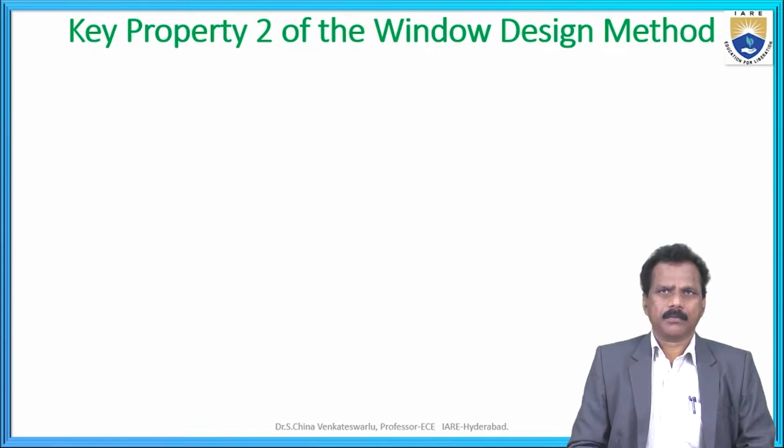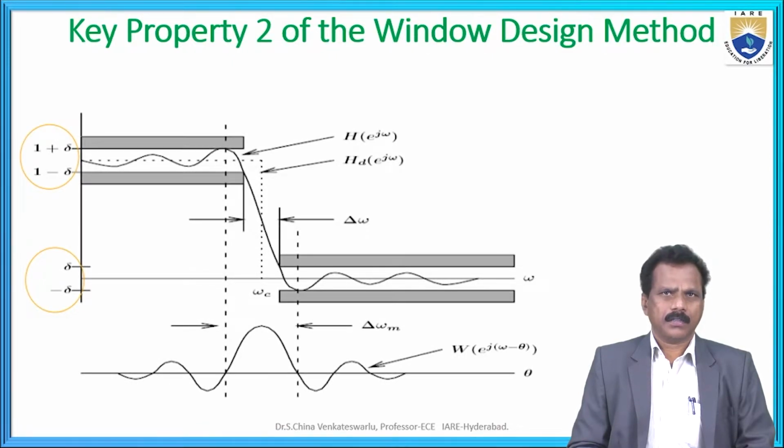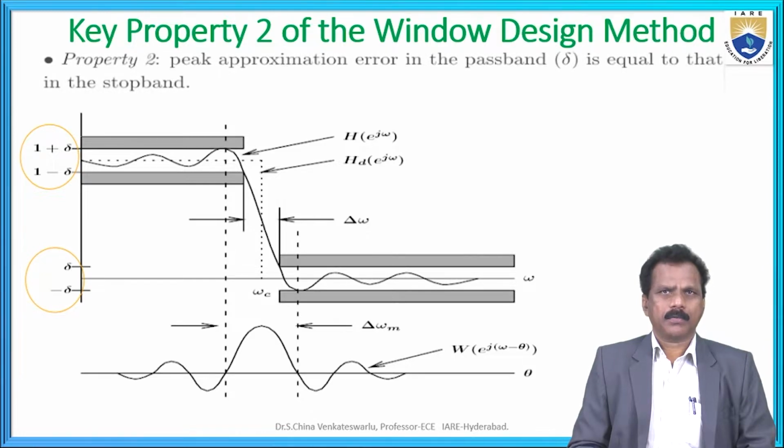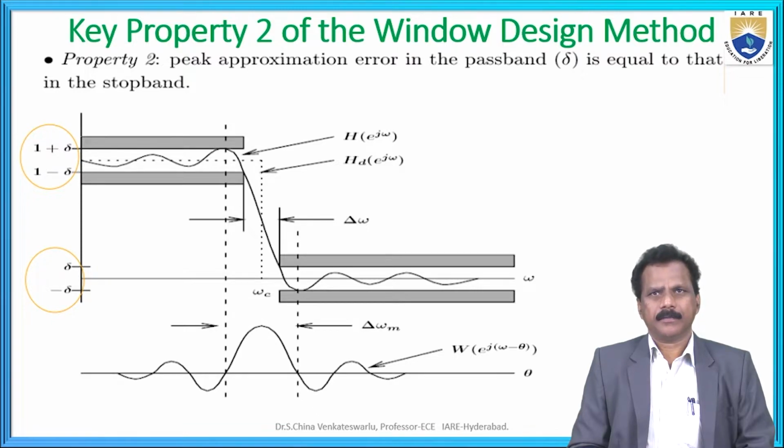Next, key property 2 of the window design method: the peak approximation error in the passband, delta, is equal to that in the stopband. Like this it is specified.